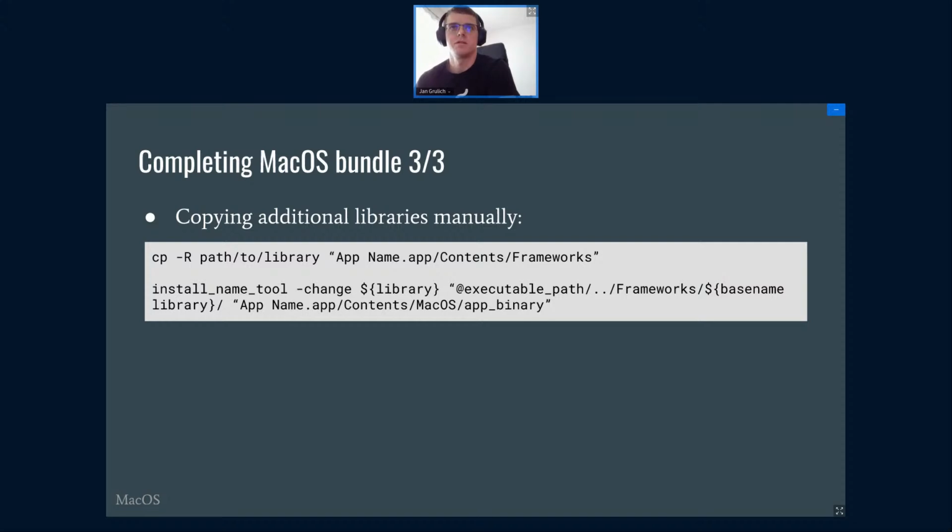Doing this manually for all the libraries is probably not something you want to do. So macdeployqt will do all of that for you automatically. But there are some situations where some libraries might be skipped. We have this situation with Fedora Media Writer where some library is considered a system library and therefore is not copied by macdeployqt. So we have to do this process manually.